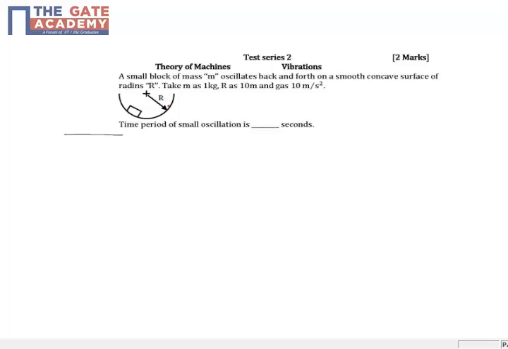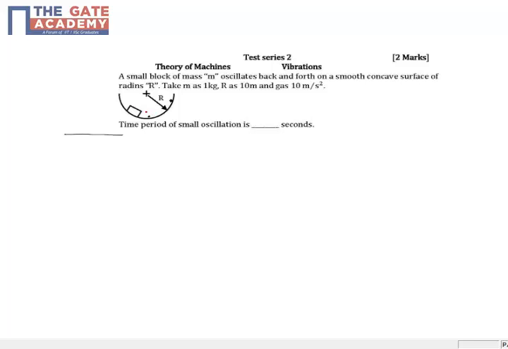But at this point it will not be in equilibrium. There will be an mg gravitational force that will again try to bring it back to the original bottommost position. So like this, it will keep on oscillating if there is no friction, from kinetic to potential, potential to kinetic.